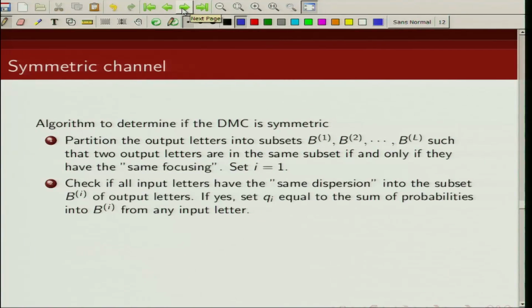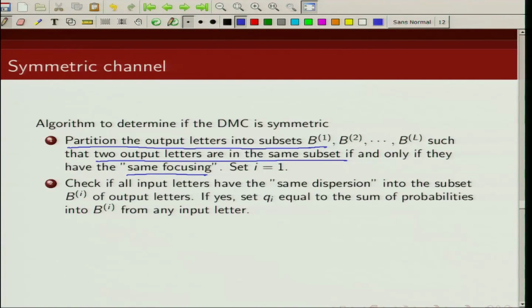So what we are saying is you partition your output letters into subsets B1, B2, up to BL such that two output letters are in the same subset if and only if they have the same focusing.